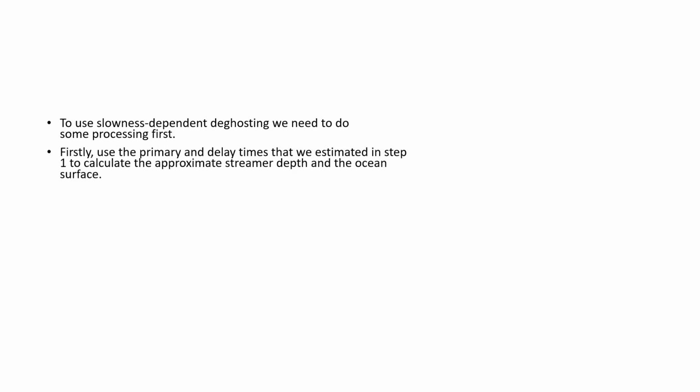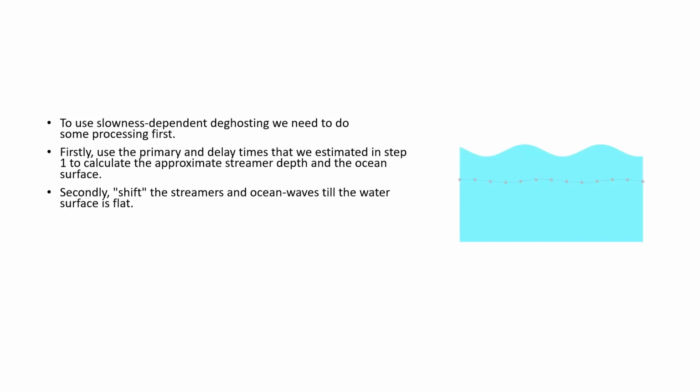As I said, we've got to do some processing first. The first thing is we've got to get the primary and delay times from step 1, so we can calculate the approximate streamer depth and ocean surface. The next thing we're going to do is shift the streamers on the ocean surface till the water surface is flat.